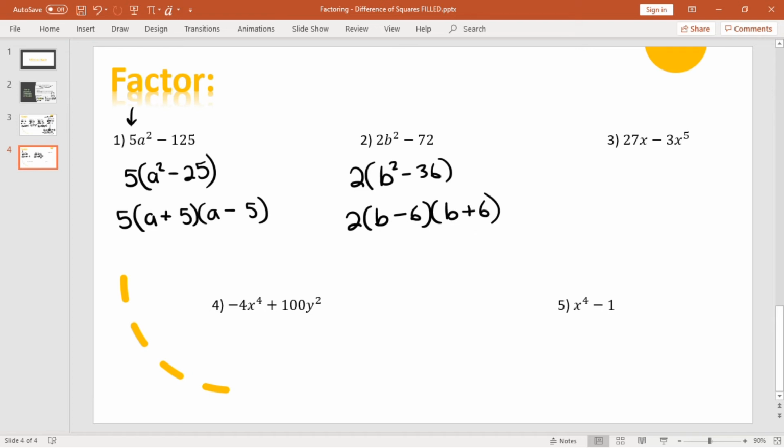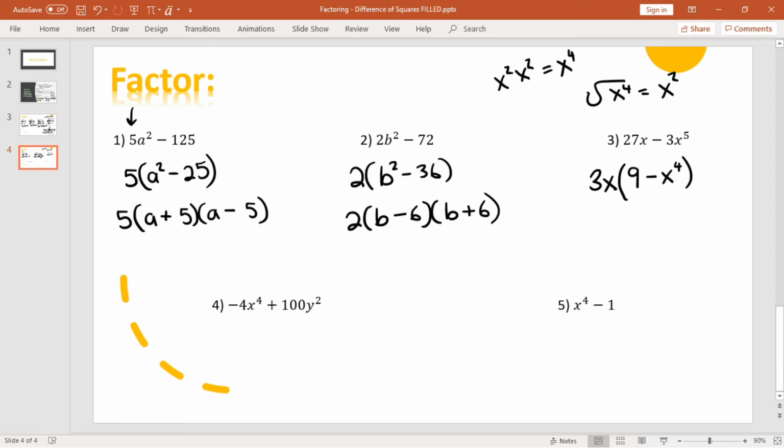Number 3, they both have an x. 27 is divisible by 3, so let's pull out 3x and see what's left. 9 minus x to the 4th. Okay, 9 is a square, x to the 4th is a square as well. The root of x to the 4th is x squared, because if you did x squared times x squared, you would get x to the 4th. Okay, so it's all good.